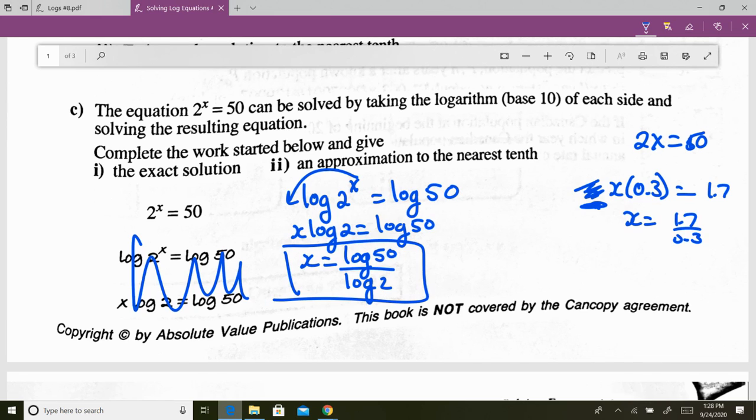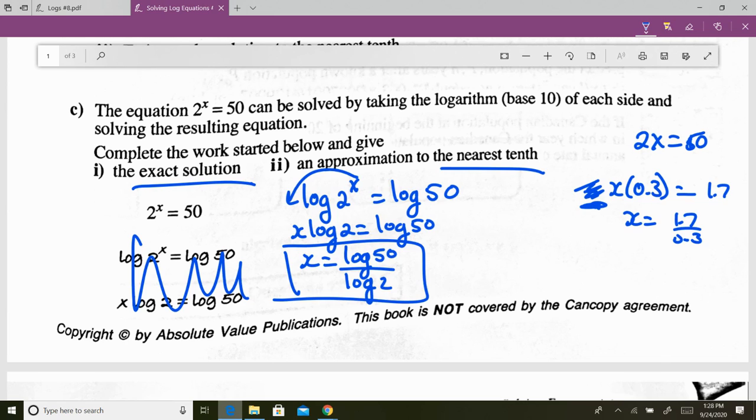Now, that is what is called the exact solution, okay? Because it's written with logs. If you write them as an approximate solution to the nearest hundredth, you have to round off your decimal. It's not as accurate, but gives you more of a usable answer, I guess, if you're doing mechanical calculations or engineering and things like that.